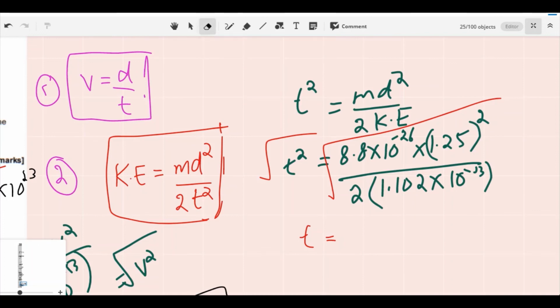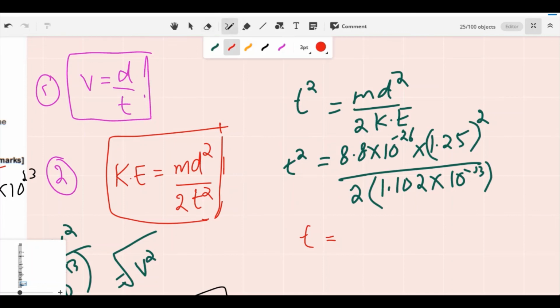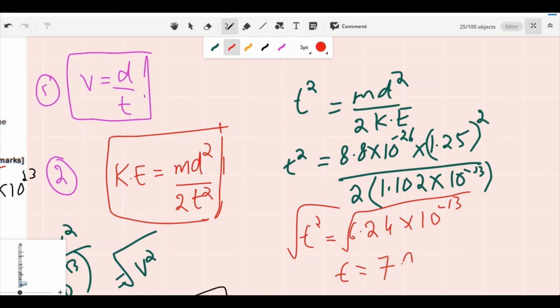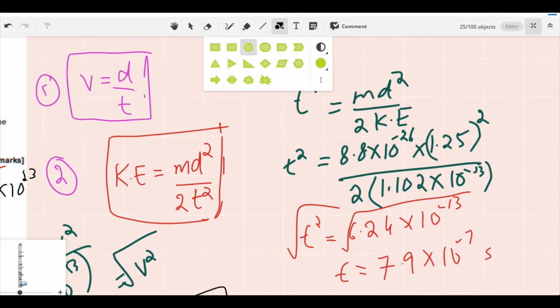I am going to solve it first: t square will equal 6.24 times 10 to negative 13. If you take the square root on both sides, t will again equal 7.9 times 10 to negative 7 seconds. So in both cases you get the same answer.